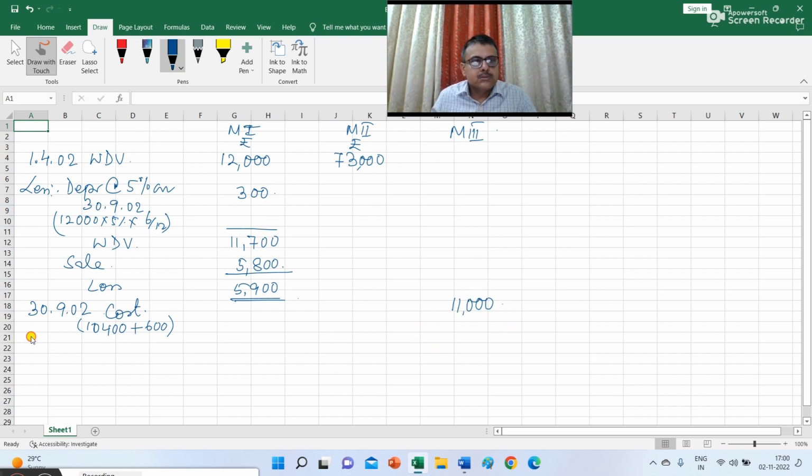Now on 31st March 2003, depreciation at the rate of 5% will be charged on M2 and M3. Depreciation for the whole year will be charged on M2 and this amount will be 3,650 because 5% of 73,000 is 3,650, and on M3 depreciation will be charged for 6 months.